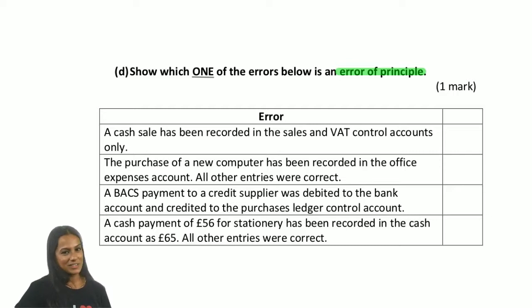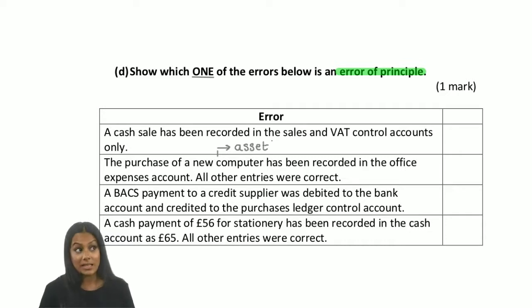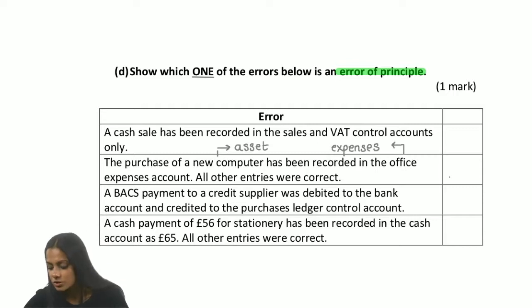Now I've kind of given this one away because you've got the 4 errors from the previous task, and you have to just select which one is the error of principle. The error of principle is when you have chosen the wrong account classification. A new computer will be classified as an asset, but office expenses, no prizes for guessing here, will be classified as expenses. So you've chosen the wrong account classification, which means that this one is the error of principle.